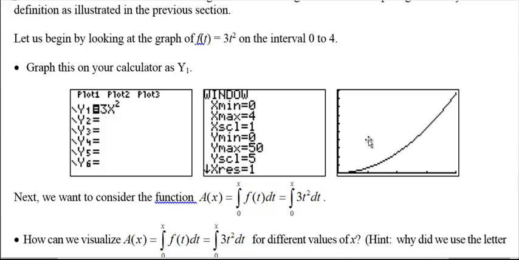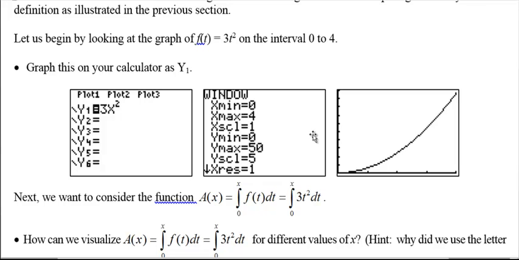So I used a window from 0 to 50 for y and 0 to 4 for x. I may later go into the negatives just a little bit to give some space at the bottom of the screen, but that's going to be the window. Go ahead and get that on your calculator.